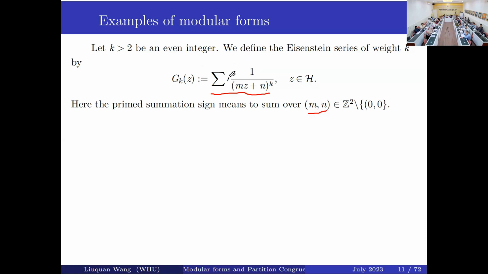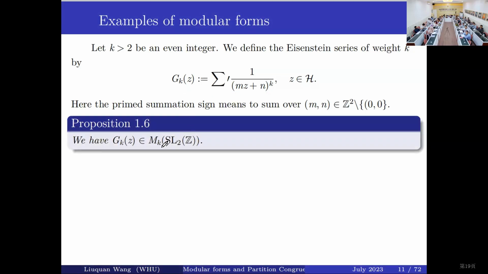This is a double summation, and one can verify the convergence of the summation. This is called the weight k Eisenstein series, and it's denoted by G_k(z). We can prove that G_k(z) is actually a weight k modular form on the modular group.